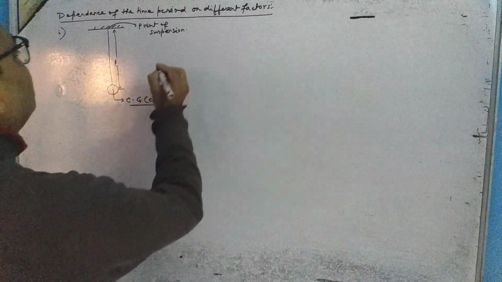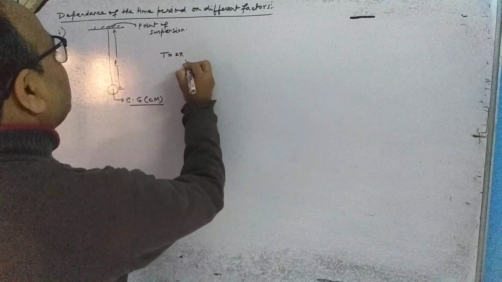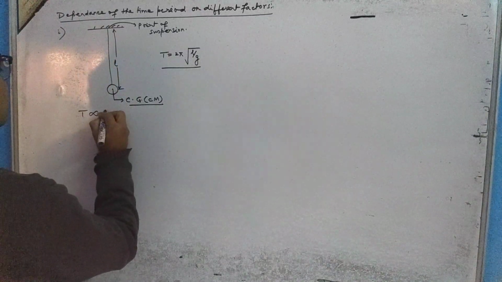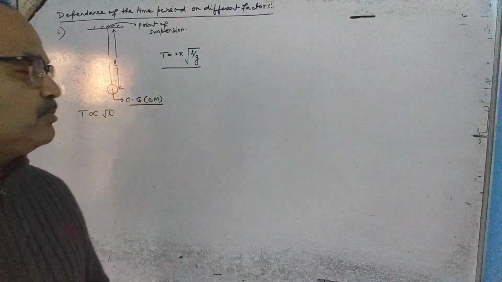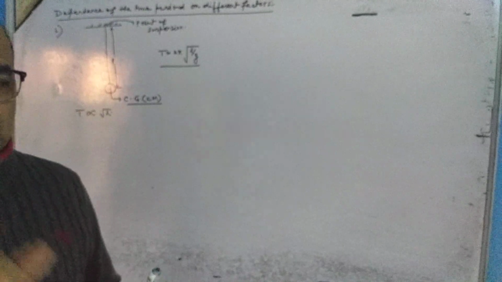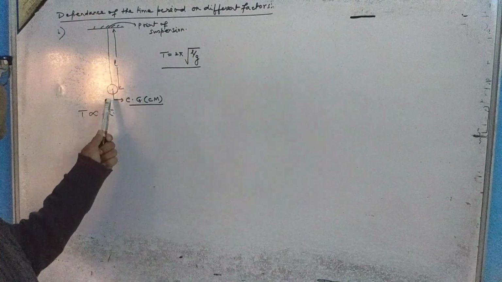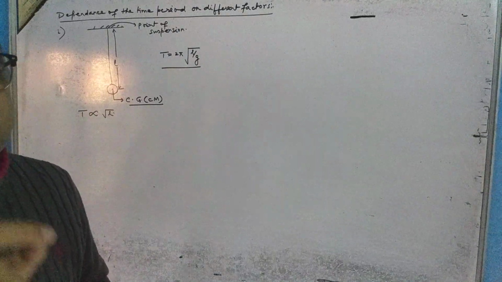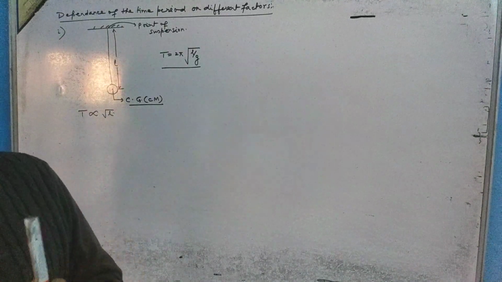Okay. Now, first of all, number one. From the expression T is equal to 2π root L by g, the time period of the simple pendulum, we can say T will be directly proportional to root L. It means as L increases, T will also increase, proportional to the square root of L. But try to follow, there is a limit up to which T will increase.